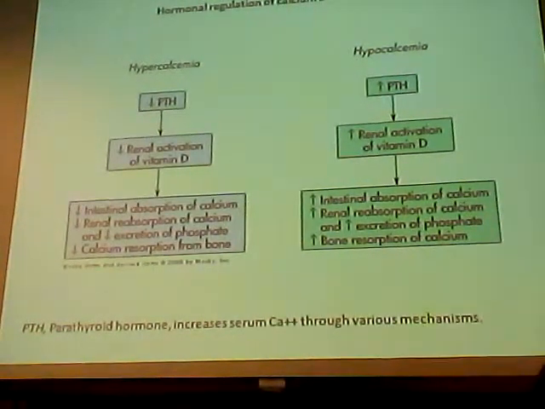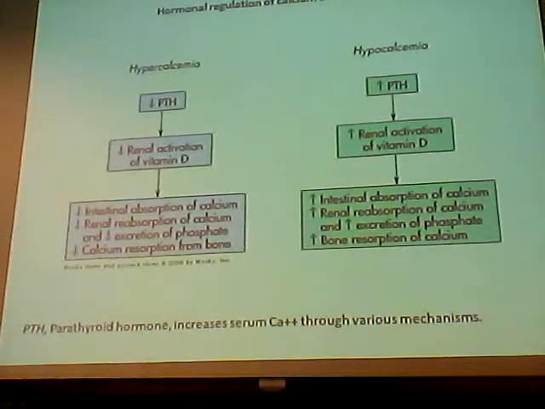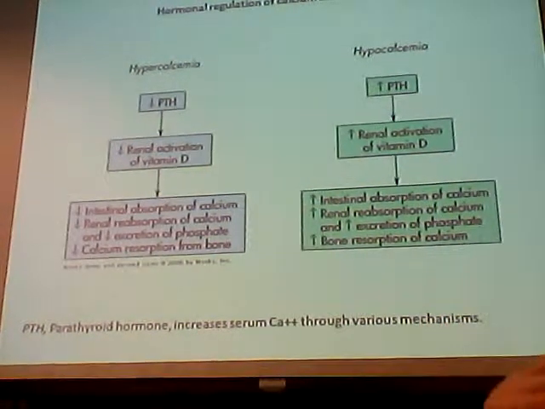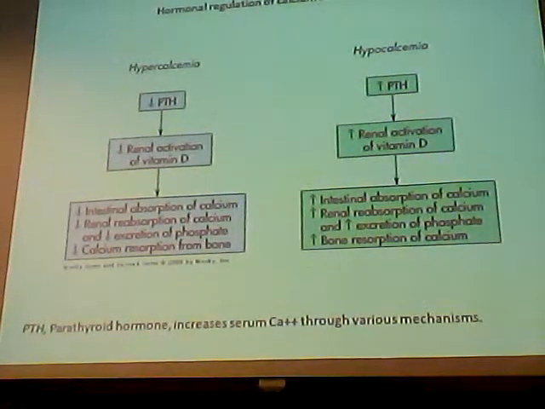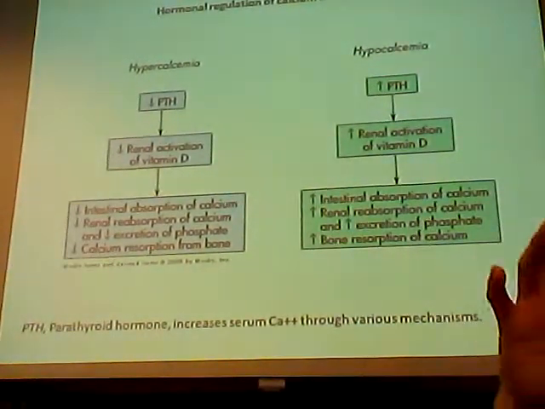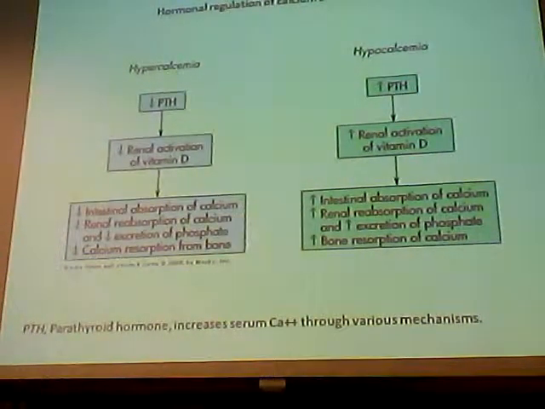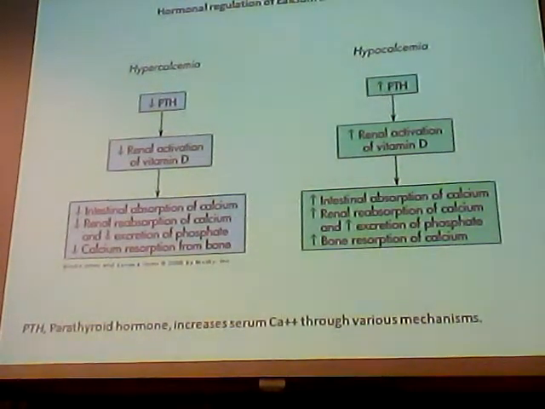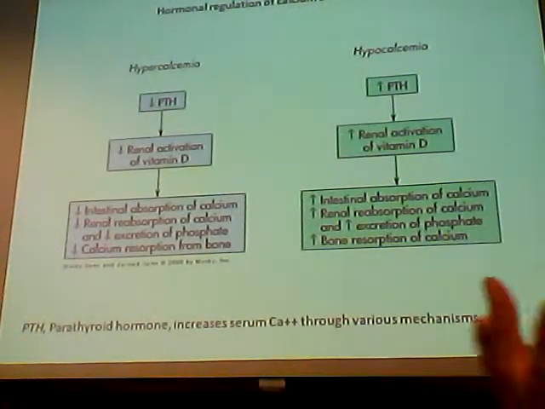So if you don't have much calcium, hypocalcemia, you release parathyroid hormone, which will stimulate the kidneys to reabsorb more of the calcium, and also you activate vitamin D. When you activate vitamin D, it will stimulate the gut, the GI tract and intestines, to also reabsorb more. And if you aren't getting enough calcium from these two, the kidney or the intestines, you can also break up the bone and release calcium that way.